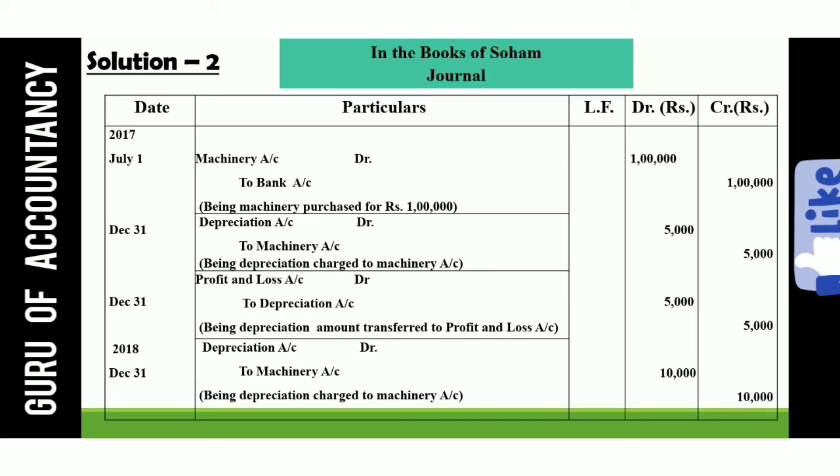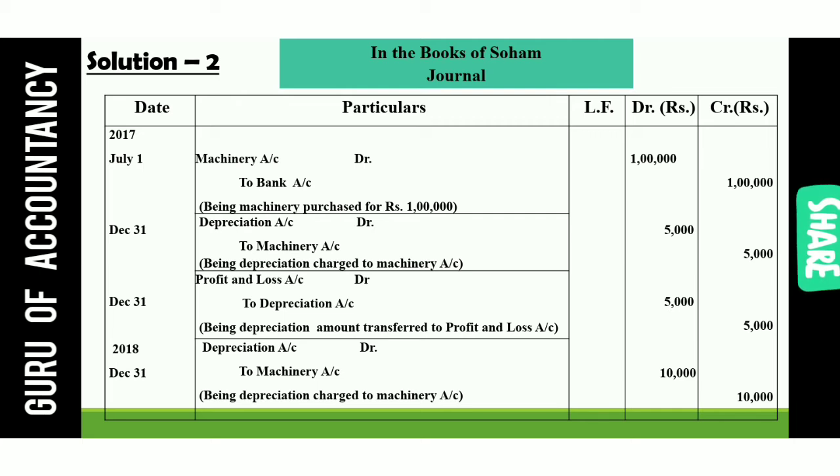In the books of Soham journal, first we will pass the entry for the purchase of machinery. So July 1st, 2017, machinery account debit to bank rupees 1 lakh being machinery purchase.